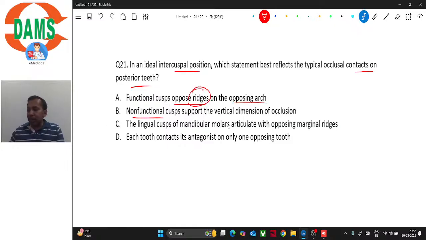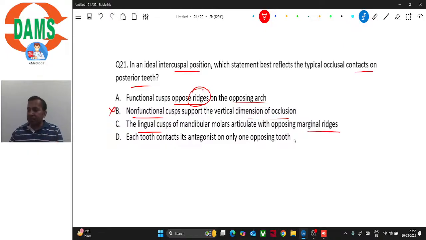Non-functional cusps support the vertical dimension of occlusion. So when they are non-functional, that is when they are guiding cusps, how would they support the dimension of occlusion? It is the job of the functional cusp or the working cusp, isn't it? The lingual cusp of mandibular molars, they are again non-functional or the guiding cusps. Articulate with opposing marginal ridges.